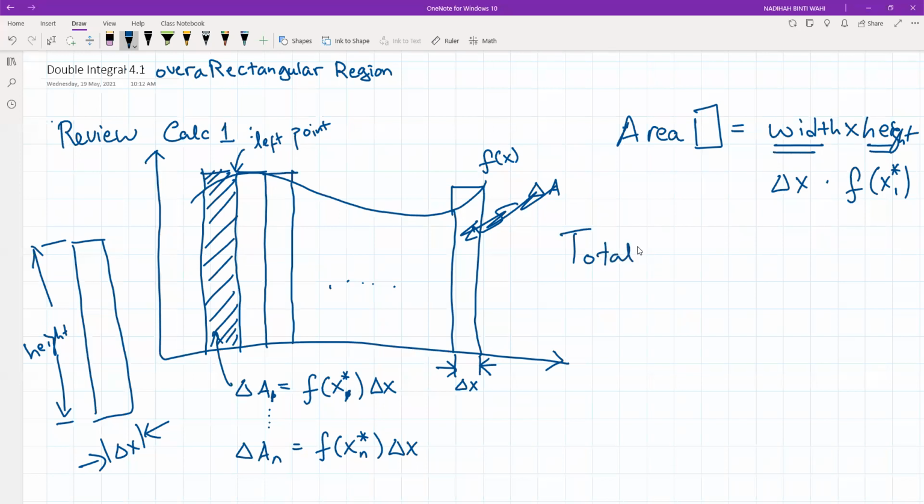So yang ni cuma, this is just review. Kalau siapa yang tak ingat boleh, so saya bagi peringatan lah sikit. So this is just a reminder for you. Okay, total area. So kita guna apa dia? Riemann sum from i from 1 until n f(i star) times delta x.